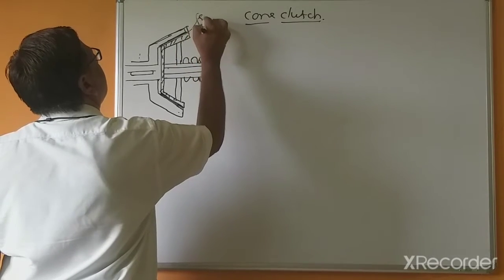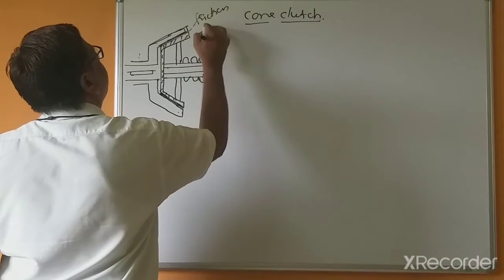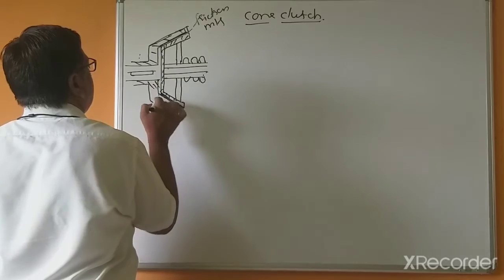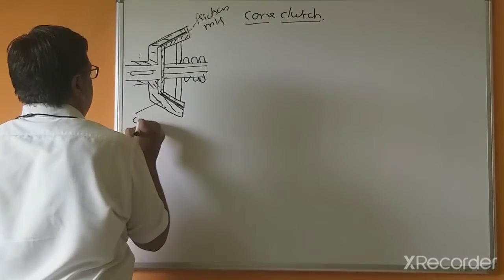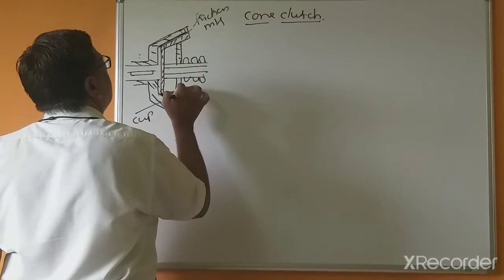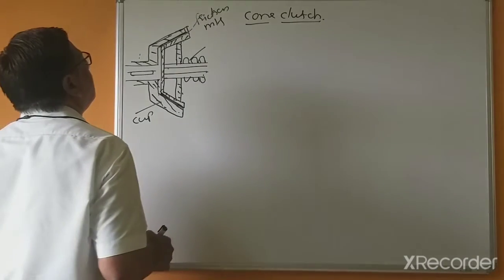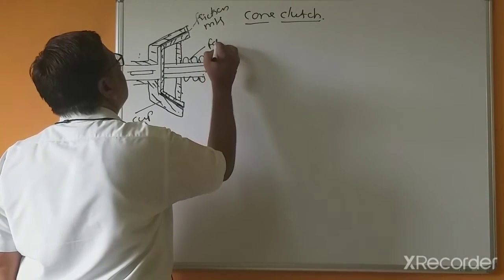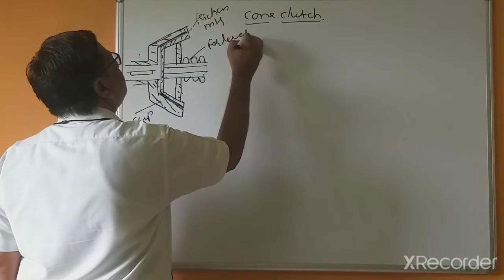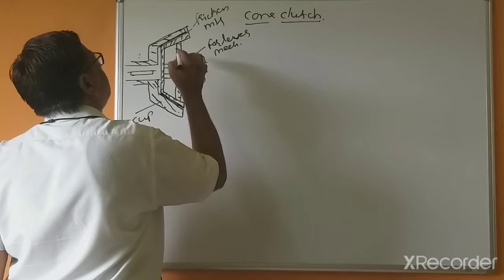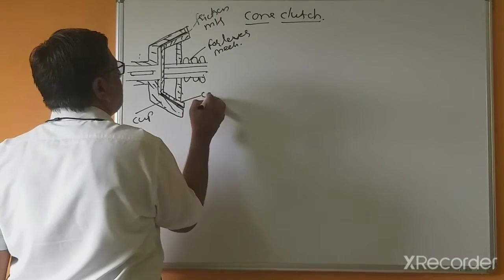This is friction material. And this is cup. For lever mechanism. This is cone.